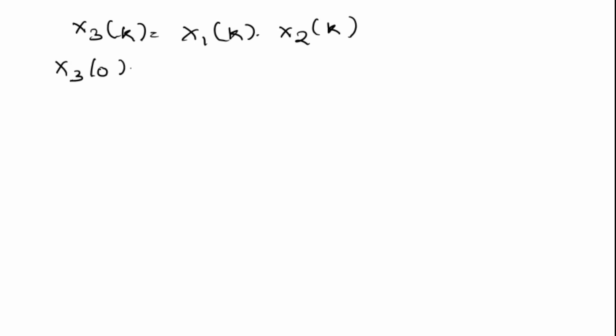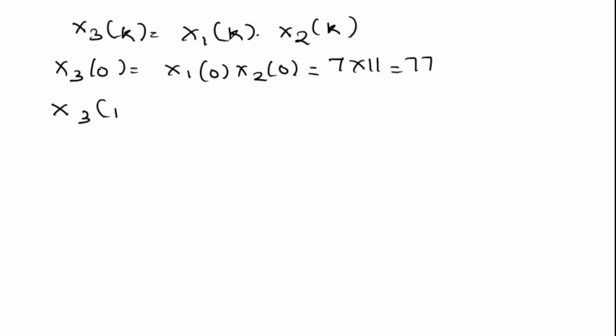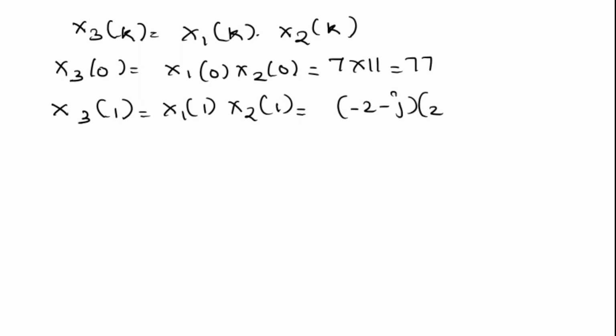Now x3 of k is equal to x1 of k into x2 of k. Then x3 of 0 is equal to x1 of 0 into x2 of 0, which is equal to 7 into 11, which is equal to 77. x3 of 1 is equal to x1 of 1 into x2 of 1, which is equal to minus 2 minus j into 2 minus j.